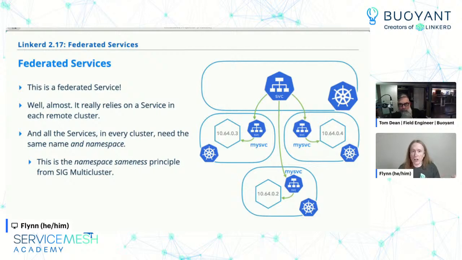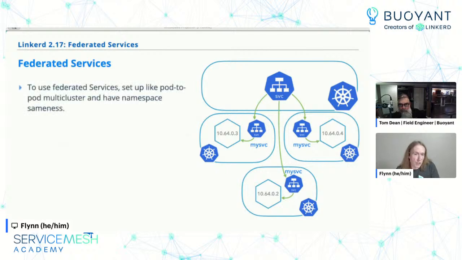So it's okay to refer to them in a federated service and just spread load across all of those clusters. And if you don't have that in some cases, don't panic. We'll come to that in a minute.